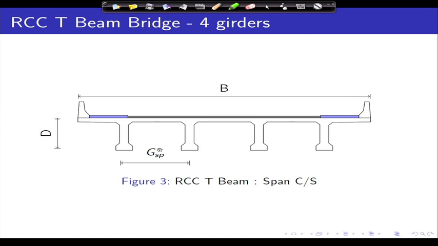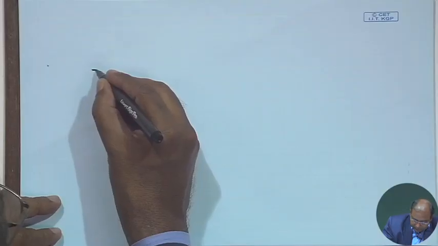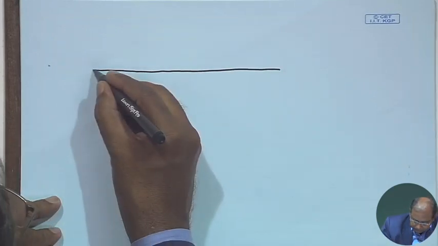Our objective is that we have to provide this section, with the spacing, the overall depth D, and the width b. Here we are giving the spacing 2700, and this section as we have noted down here, just to give you an idea, and we have discussed also.